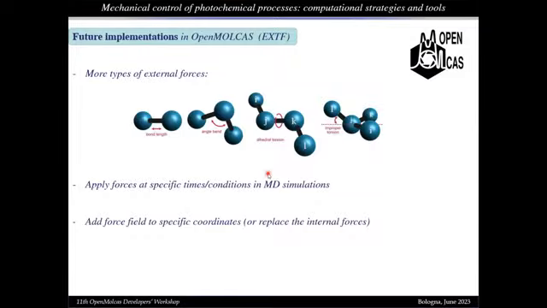We also would like to add a force field to specific coordinates. So in this case, if we want to substitute, for instance, let's consider these two atoms that are linked, the idea is to be able to replace the internal force by a given force defined by the user.